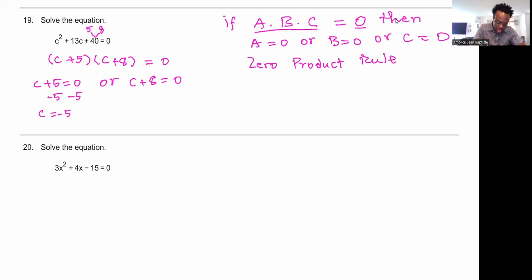And then we have minus 8 on both sides here. We got C equals -8. And you have your solution that is -5 and -8, which are all the possibilities for this expression to be 0.